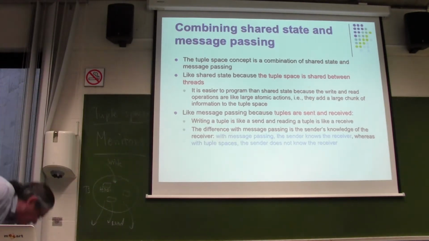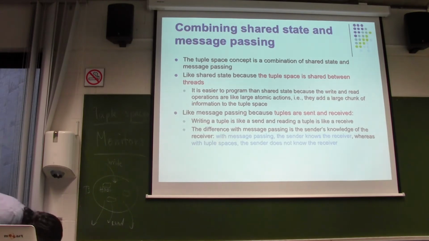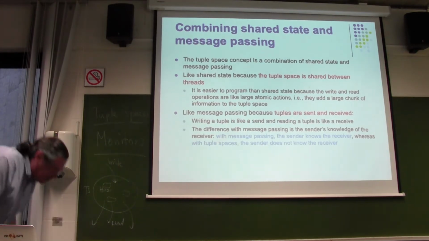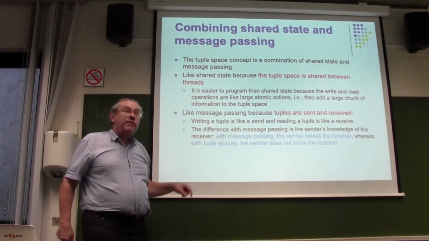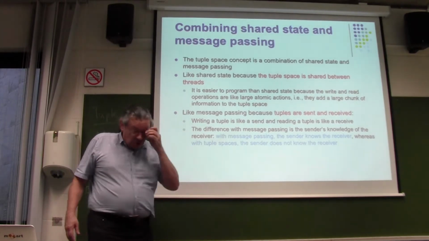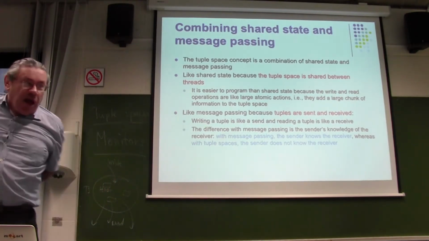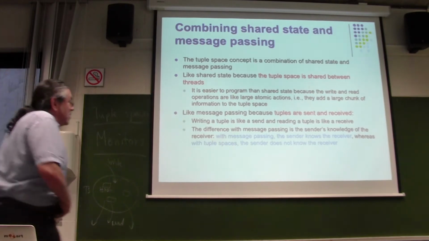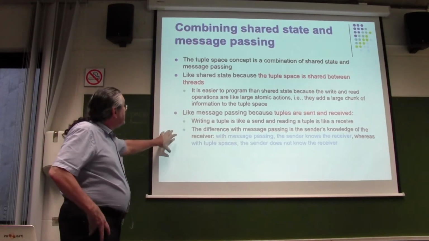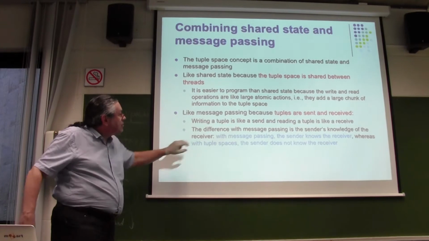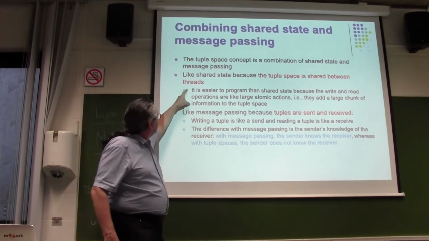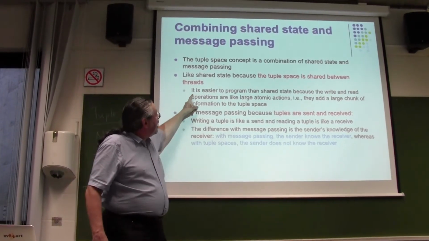As long as there's a printer that prints it, I'm happy. So that means you don't always need to know the receiver. There are cases where it's okay to be anonymous. The receiver can be not known. So this is like message passing with anonymous receiver, but it's also shared between threads.